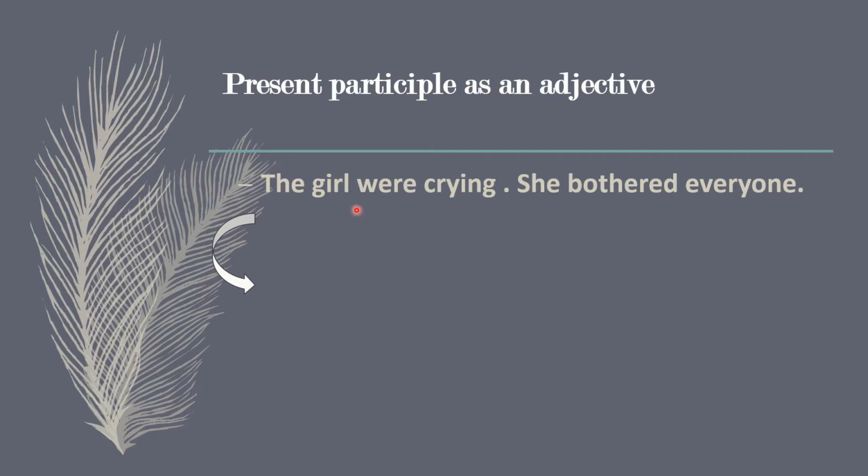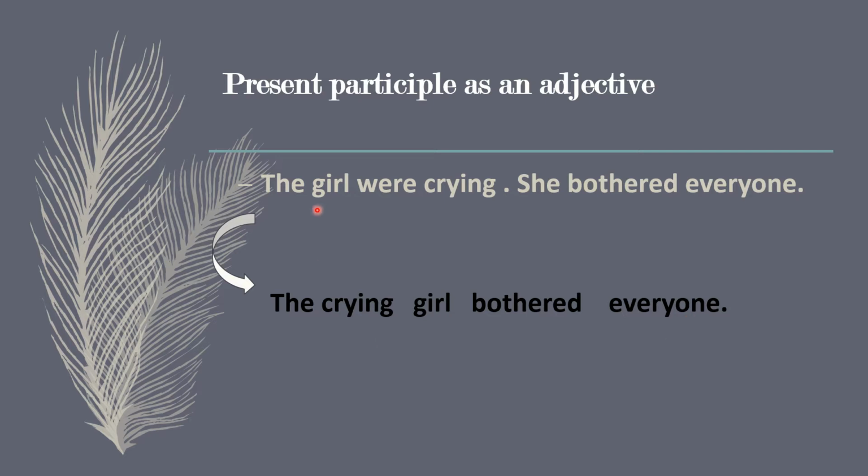The girl were crying. This is a sentence. She bothered everyone. This is the second sentence. When we want to change it into one sentence, it becomes: the crying girl bothered everyone. What did we do in this sentence?